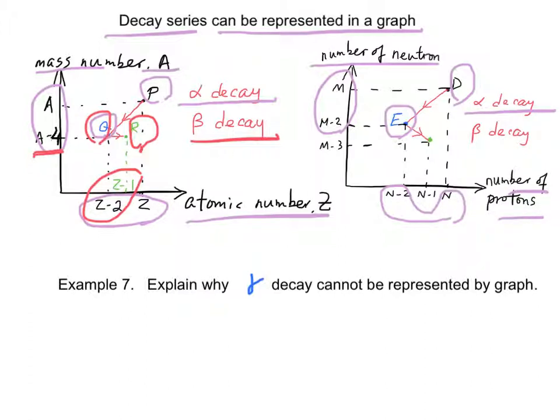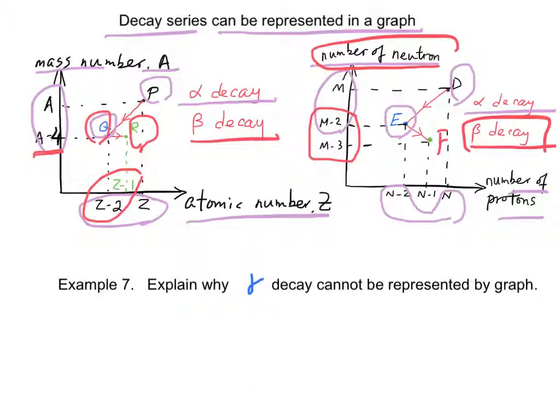When nucleus E further decays to produce a beta particle to form another nucleus F, the number of neutrons decreases by 1, and the number of protons increases by 1.